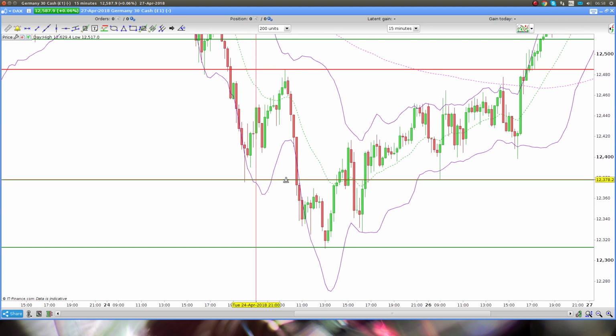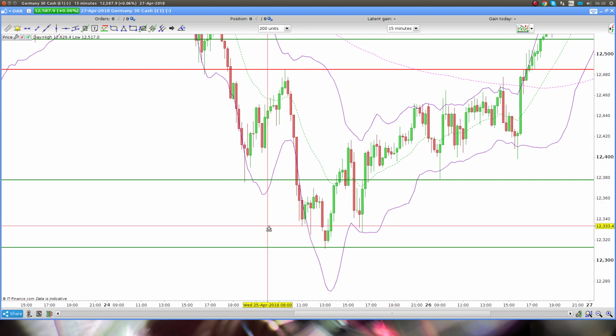Okay? And you can see here, the speed that we broke through this level, all the stop losses would have been sitting here, which drove price even further down. So the bulls would have been sitting here with their orders and got stopped out immediately. But that doesn't mean that they're going to run away with their tails between their legs. They're going to look for the next entry.